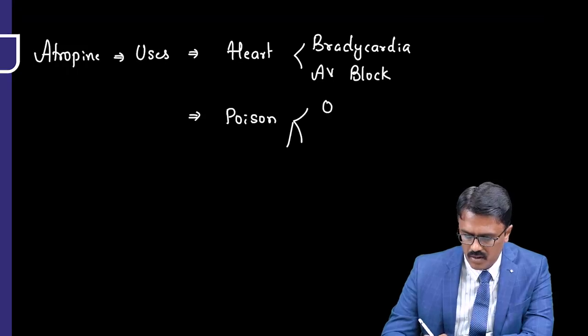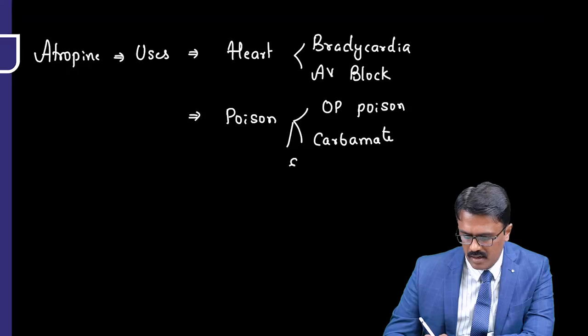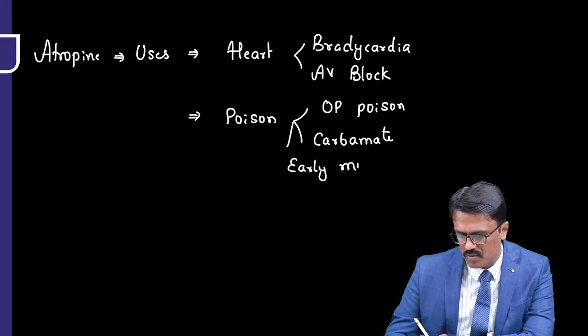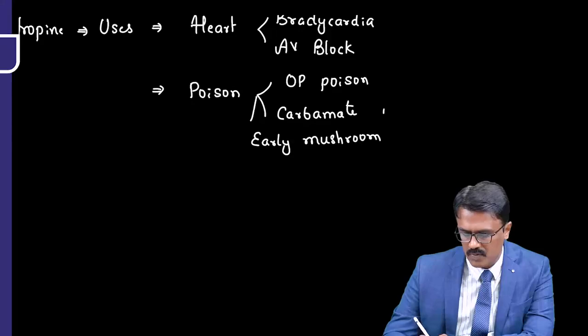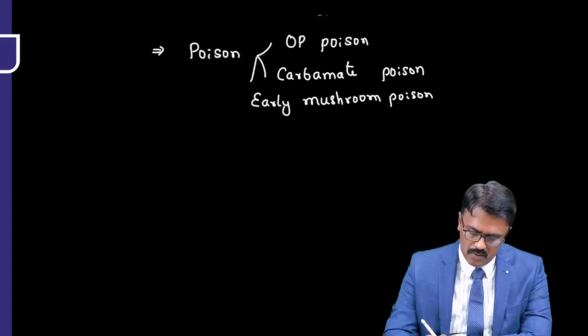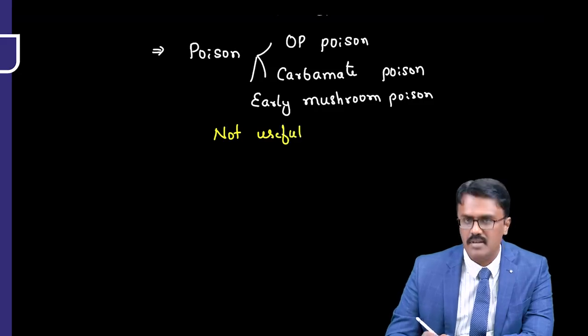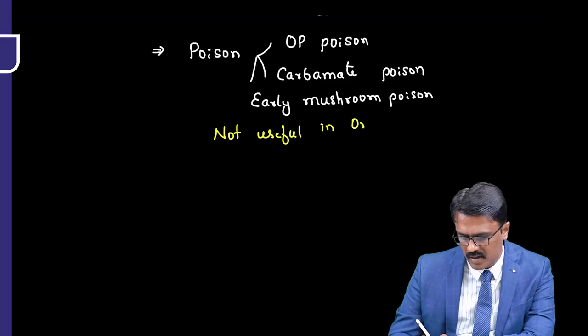We can use it in OP poisoning, organophosphate poisoning, then carbamate poisoning, and early mushroom poisoning. In these poisons we use atropine. Remember, atropine is not useful in one poison. They can ask you as an exception: atropine is not useful in organochlorine poisoning.